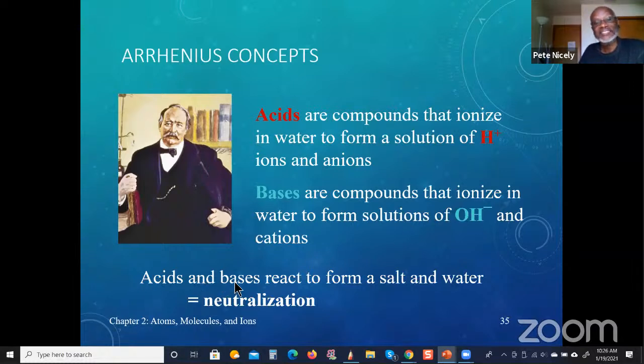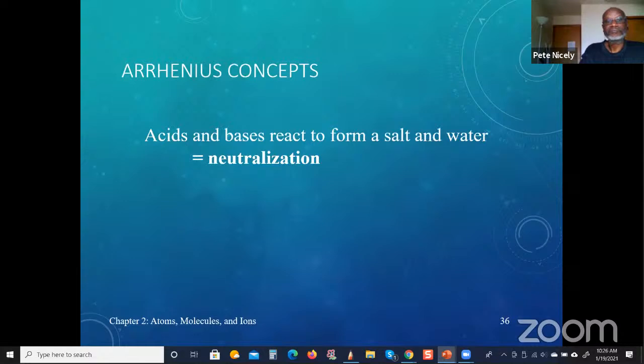And the reaction between acids and bases to form a salt and water is called a neutralization reaction. All of this that I've just described are concepts that were developed by Arrhenius.